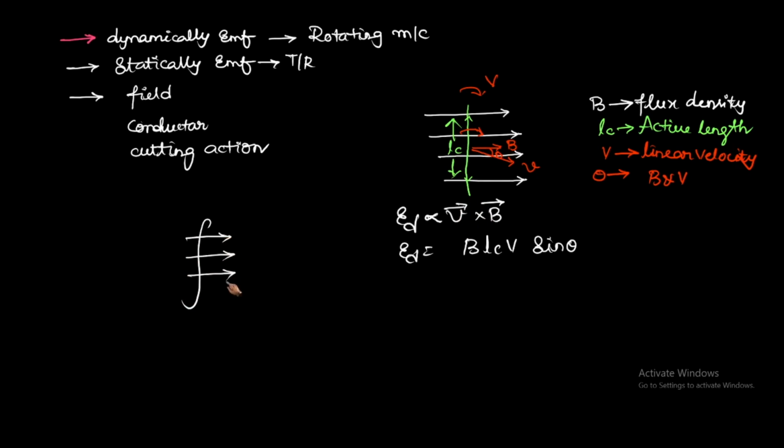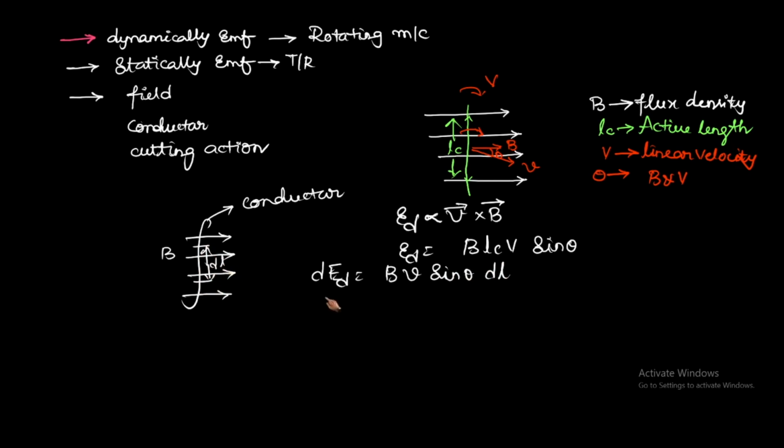if you have flux density lines like this and this is the conductor, we can find the dynamically induced EMF with differential values, as B V sin theta for some small length. Let us consider this DL length.